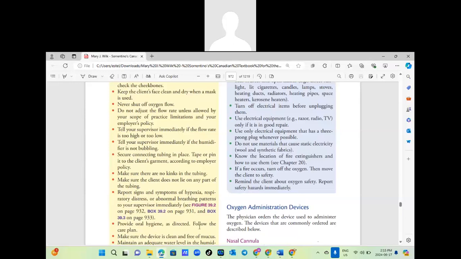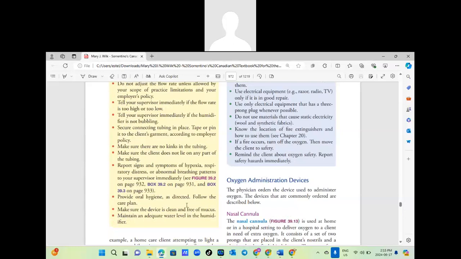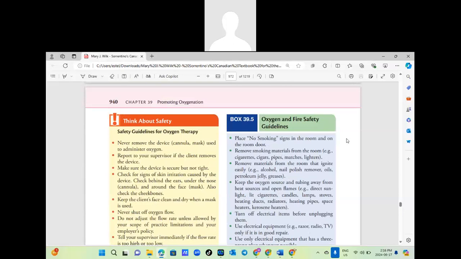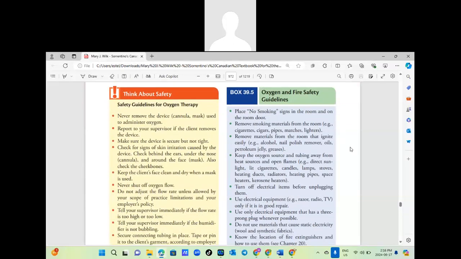Okay, provide oral hygiene as directed, follow the care plan. Make sure the device is clean and free of what? Mucus. Maintain an adequate water level in the humidifier. As we have mentioned about the fire, let's read the oxygen fire safety guidelines.